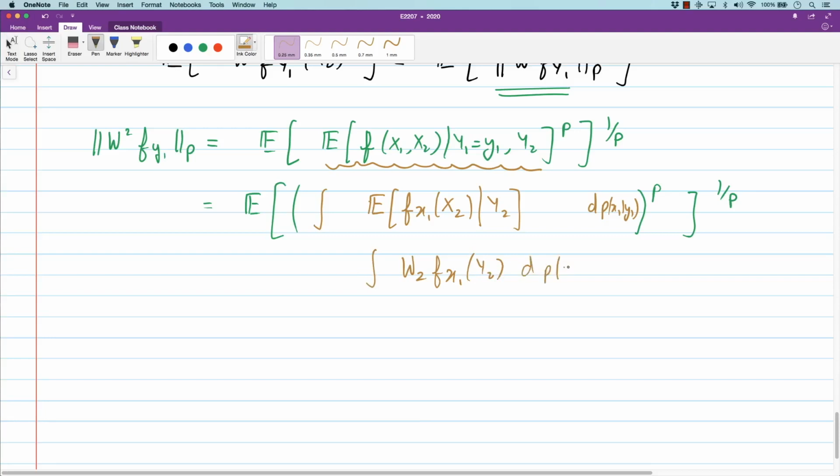T of p x1 given y1, and what we are looking at is, so this is a function of y2, and we are looking at the LP norm of this random variable.